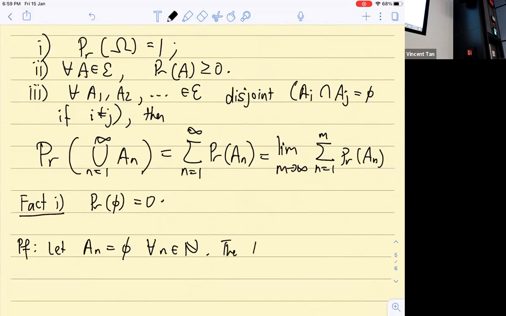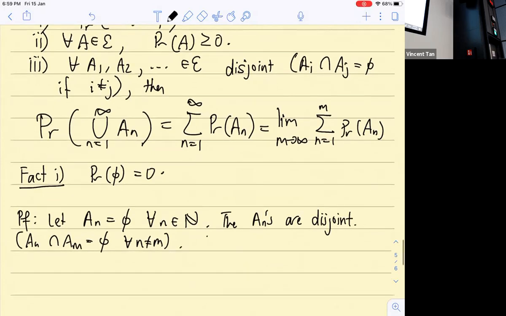The A_n's are disjoint, because A_n intersect A_m is equal to empty set intersect empty set, which is empty set, for all n not equal to m. That's the meaning of disjoint, right? Furthermore, the infinite union of the A_n's is equal to phi, the empty set. The union of empty sets is the empty set, right?